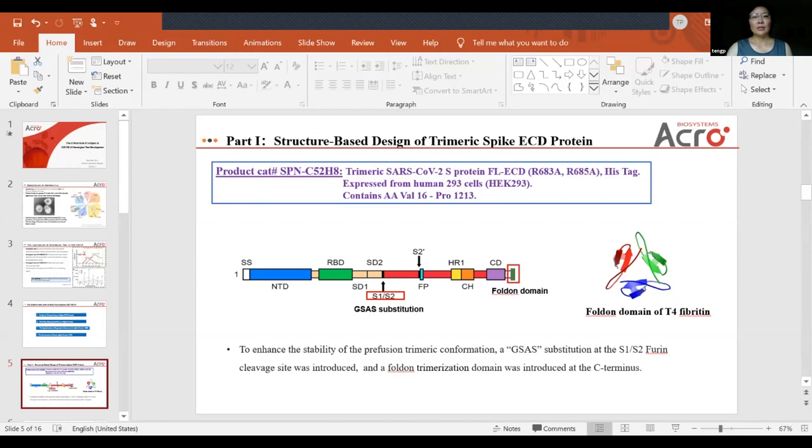So in order to get the full-length extracellular domain, and also to produce a more stable trimeric format spike protein.